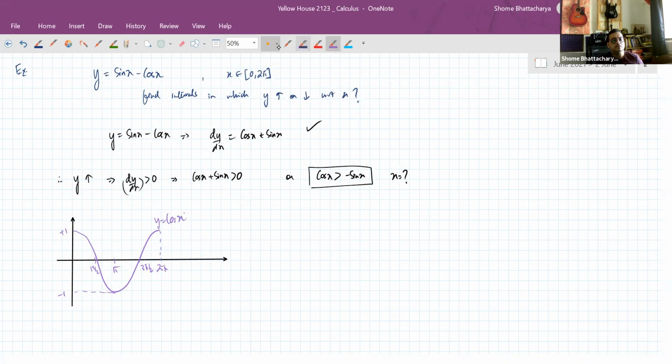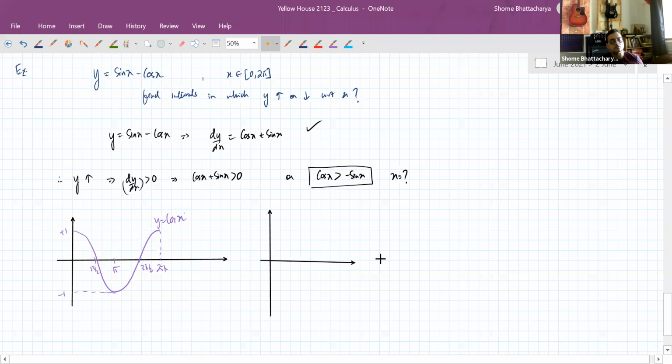Now in that same thing, if we were to look at the graph of sin x, that looks like this.